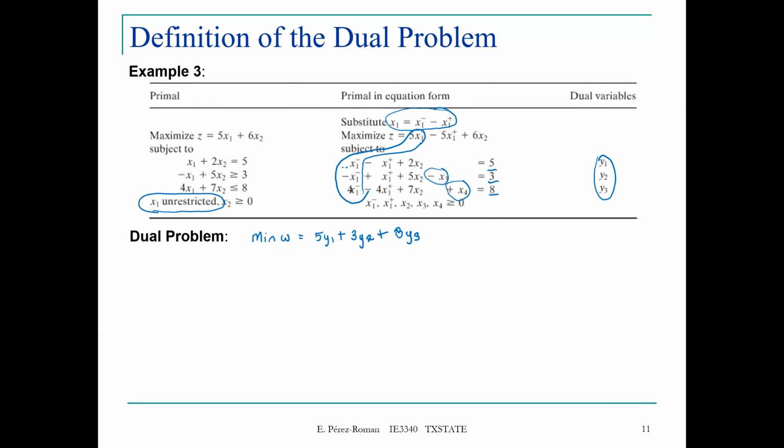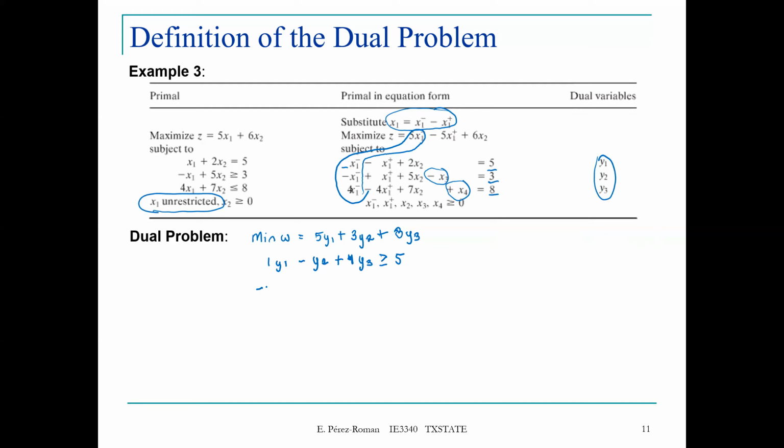So this coefficient times y1 is 1y1 minus y2 plus 4y3 and greater or equal to 5, which is the coefficient for the first variable in the objective function of the primal.